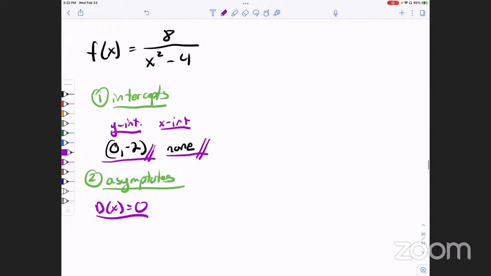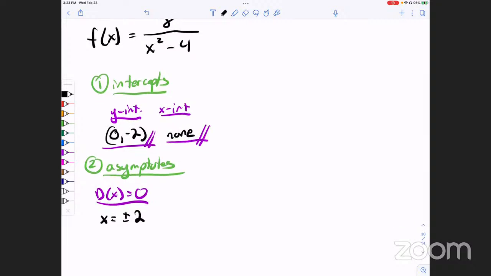So there are no holes or gaps or breaks, right? There's no x value that's going to make it 0 over 0. So if we set the denominator equal to 0 and solve, add the 4 and you get plus or minus 2. So these are going to be our vertical asymptotes.